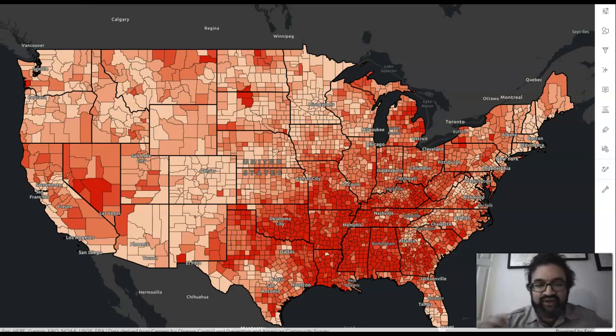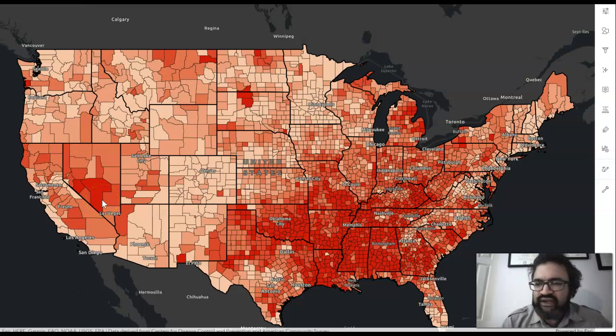The southern part of the United States has higher levels of mortality, and areas of Nevada and California are higher as well.